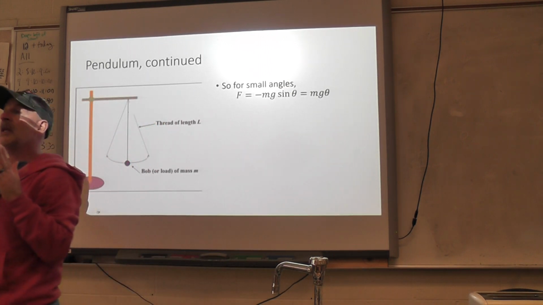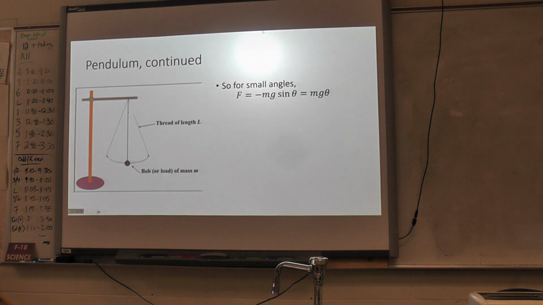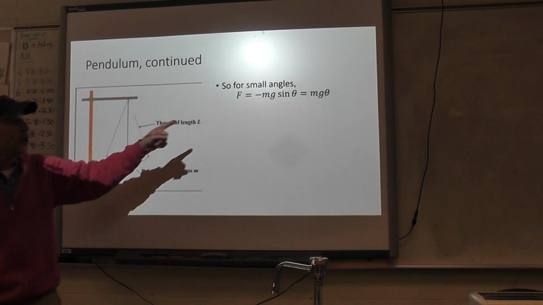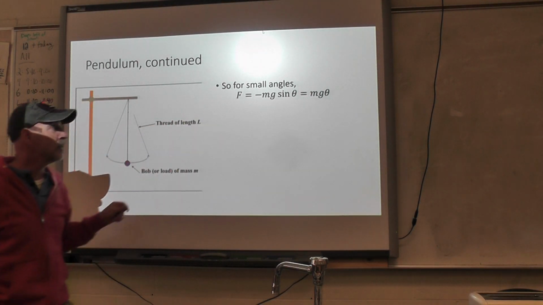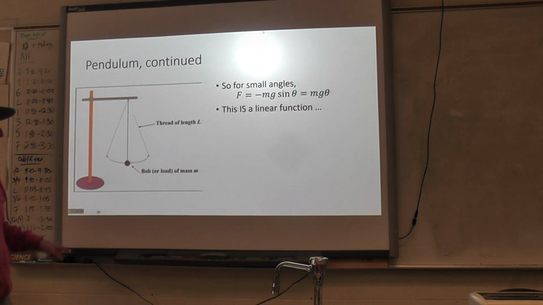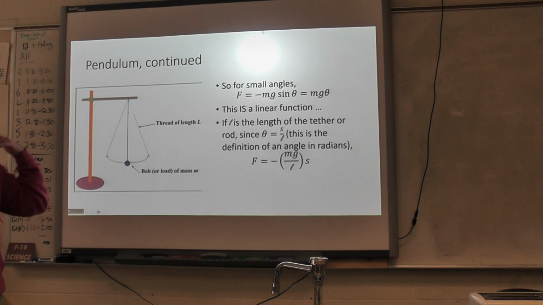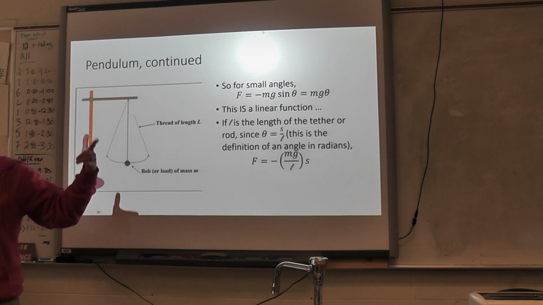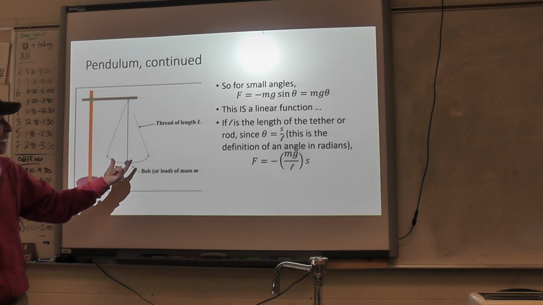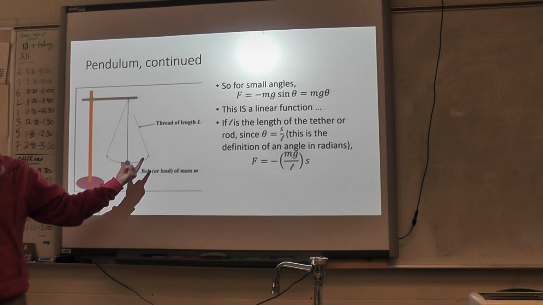As that angle increases linearly, the force will increase linearly. That's linear, and that means that we can use that to determine the magnitude of the force acting on a mass at the end of a pendulum string.